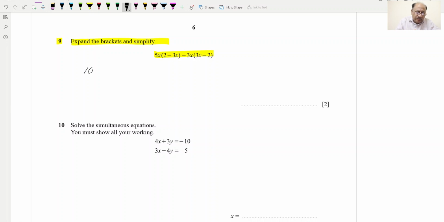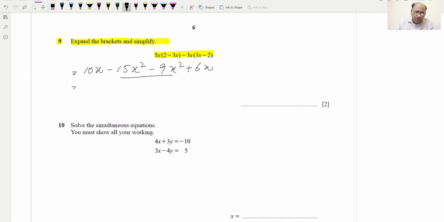5x into 2 will be 10x, and 5x into minus 3x will be minus 15x squared, and minus 3x into 3x will be minus 9x squared, and minus 3x into minus 2 will be plus 6x. And now we can add the like terms.